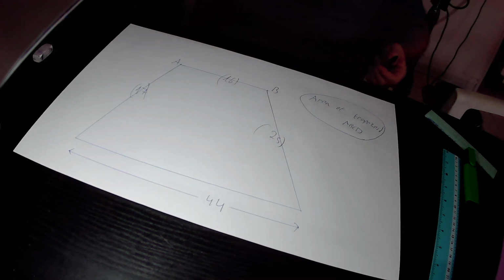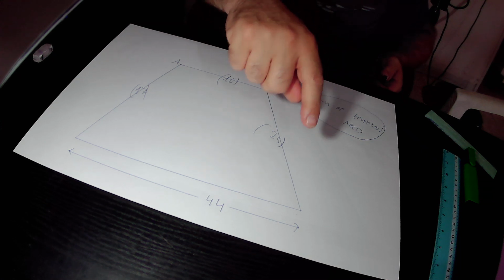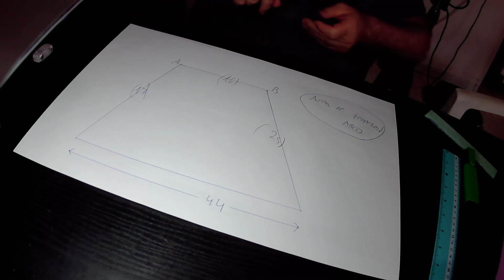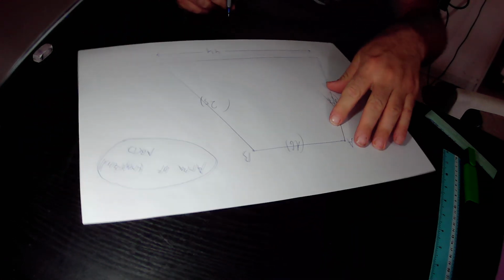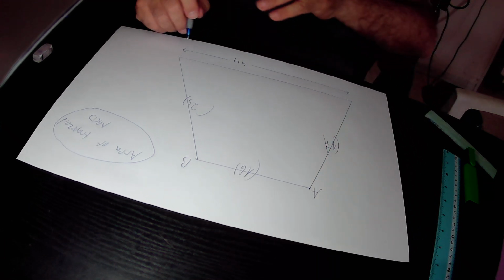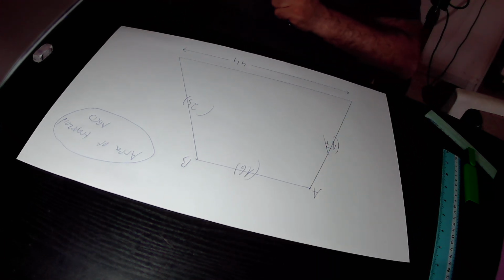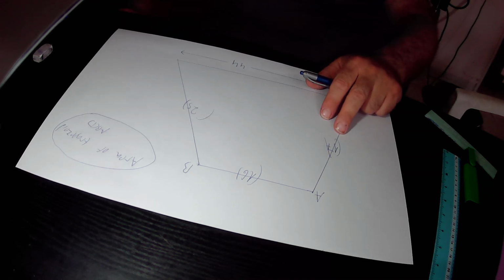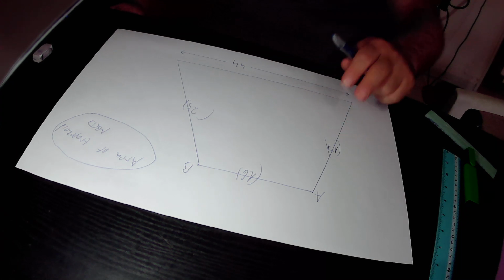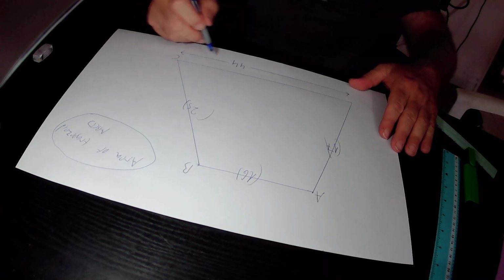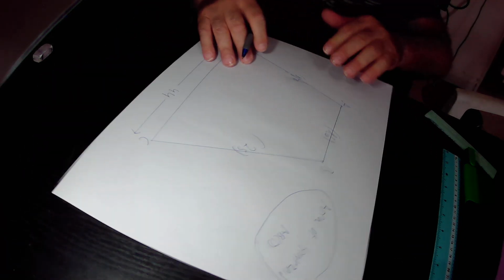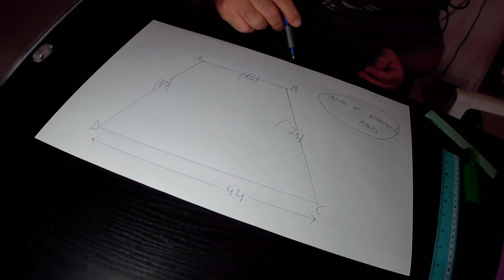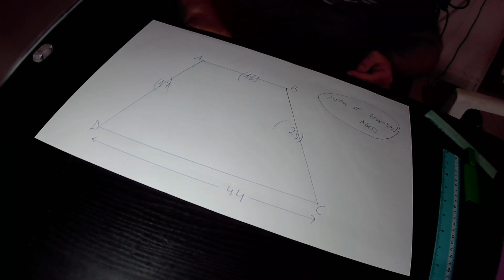Our mission in the second question is to find out the area of this trapezoid ABCD.